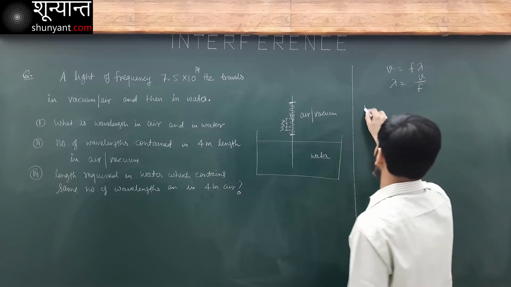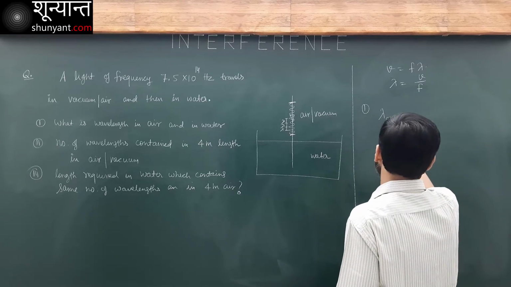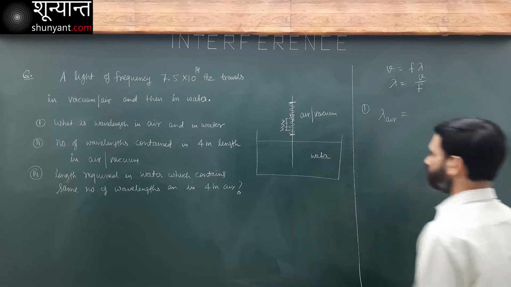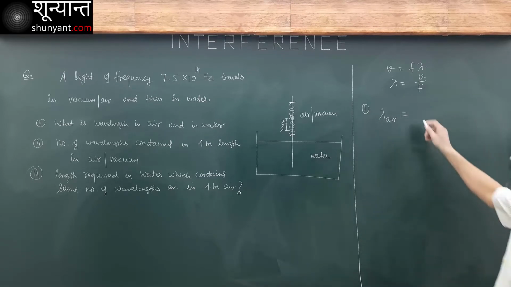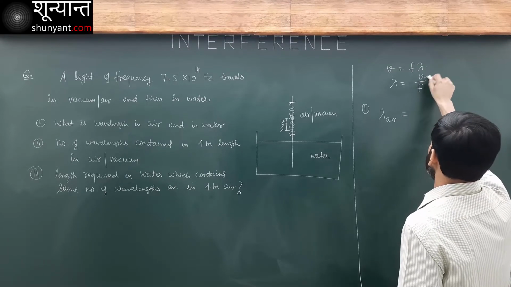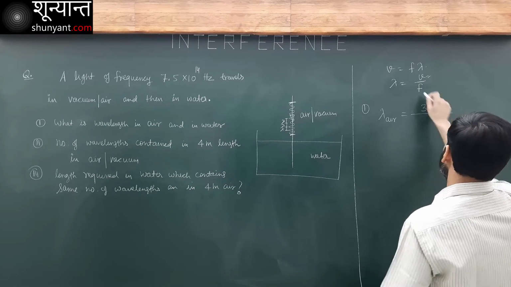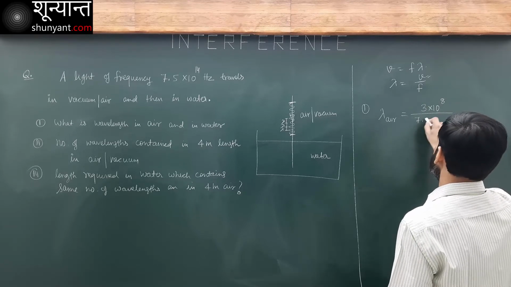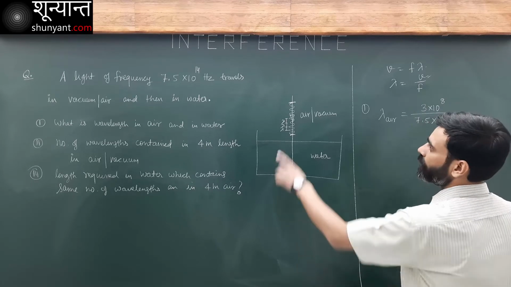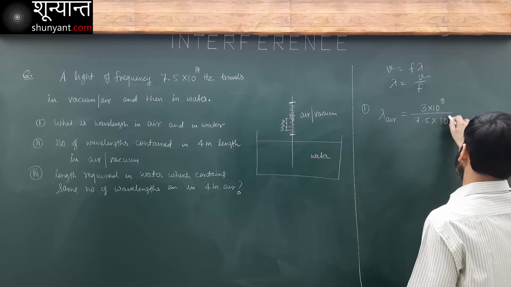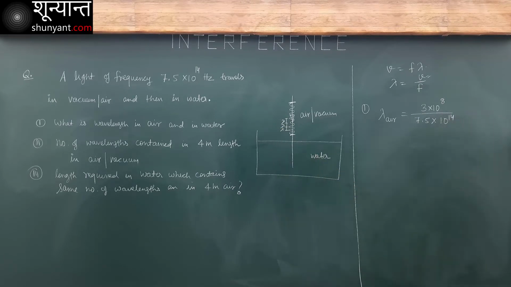Now the first problem. Wavelength in air is equal to speed, 3 into 10 power 8, over frequency, 7.5 into 10 power 14. Does that make sense?